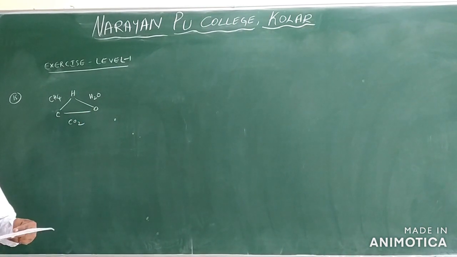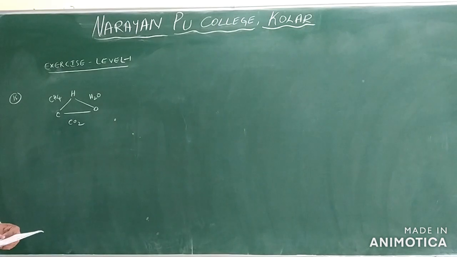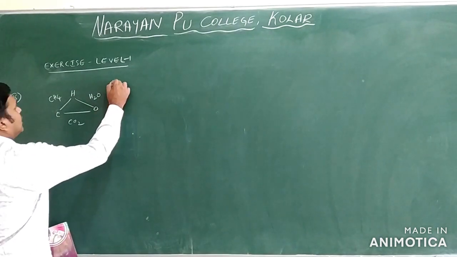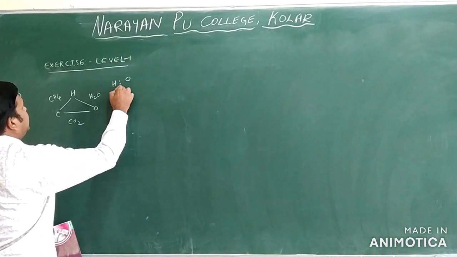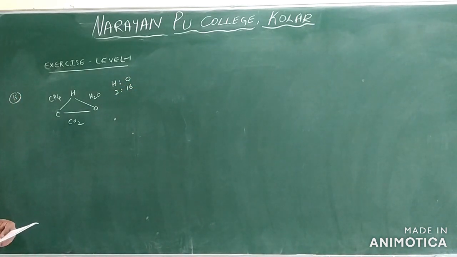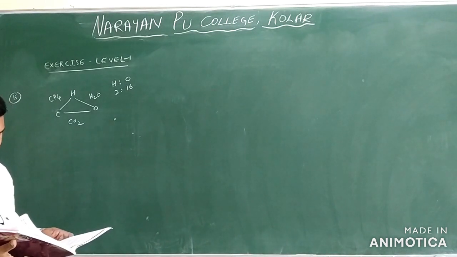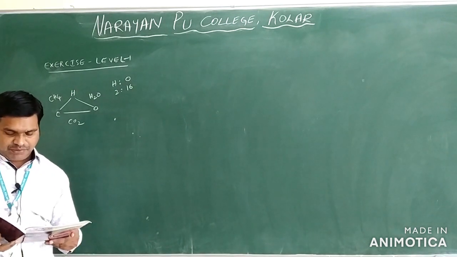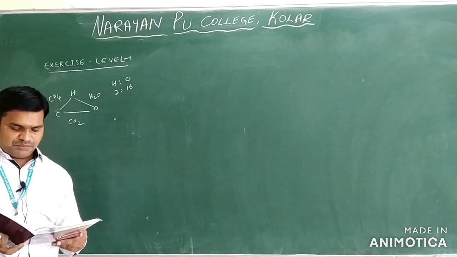Now see the first one: 2 grams of hydrogen combined with 16 grams of oxygen. Here the hydrogen and oxygen ratio is 2:16. And one more: 2 grams of hydrogen combined with 6 grams of carbon to form methane only.